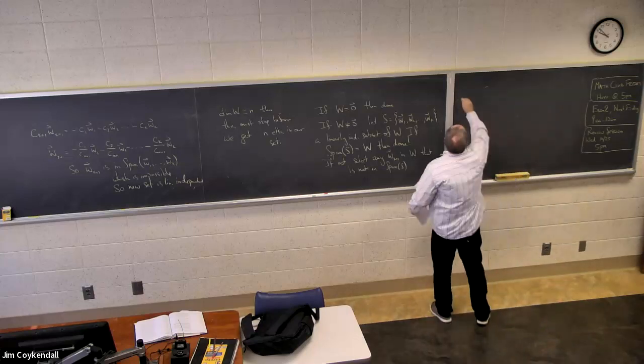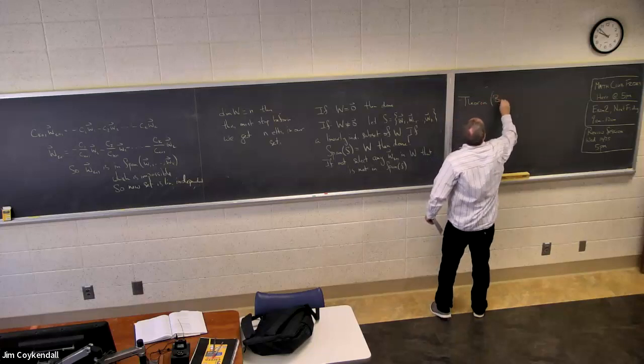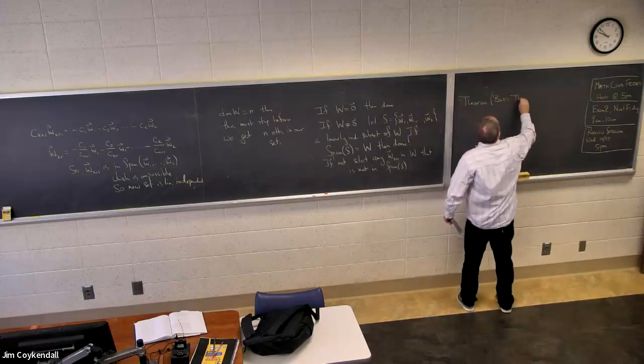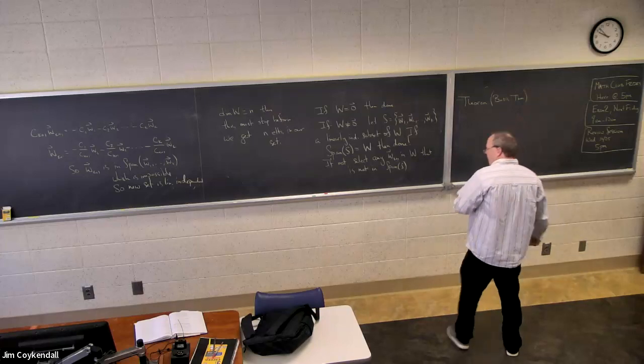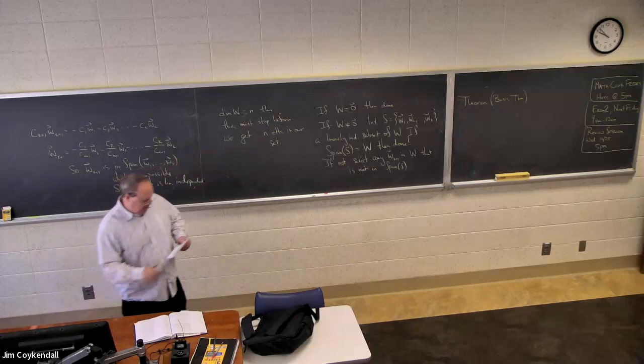Let me give you this last theorem. This is called the basis theorem. It follows from what we've been doing today, and hopefully this will kind of be a rehash.